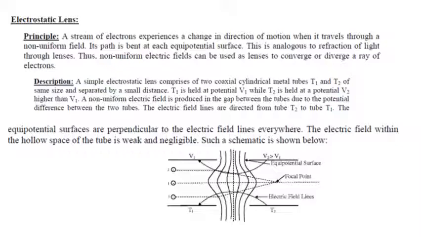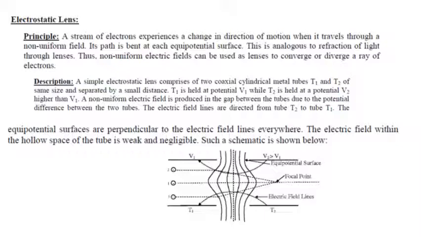For this, we create a medium. We have two coaxial cylinders of metal, T1 and T2, and we put these cylinders coaxially, separated by some distance. T1 is held at potential V1 and T2 is held at potential V2, higher than V1.